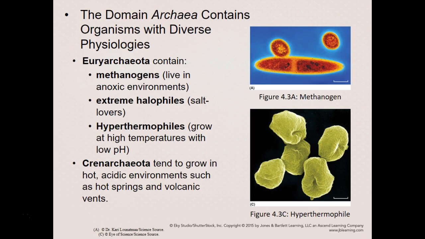Extreme halophiles are organisms that can live in very salty conditions, above like 10% salt conditions. So think about the Dead Sea, bacteria that are growing in the Dead Sea. That would be an example of an extreme halophile.